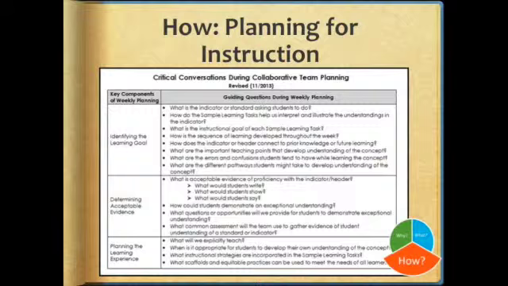Determining acceptable evidence is also based on the standards. And then the last thing that actually gets discussed in a planning session is planning the learning experience. What are you going to ask students to do? How are you going to engage students in the learning process?